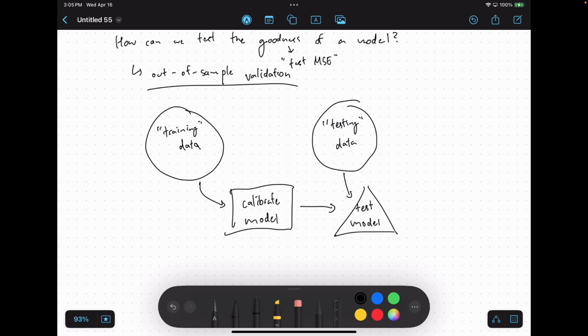And when we're testing the model, we need some metric by which we can understand how good a model is. And so we've talked about a bunch of these, right? So this might be R squared, standard error, residuals, and then for me personally, really thinking about mean squared error.